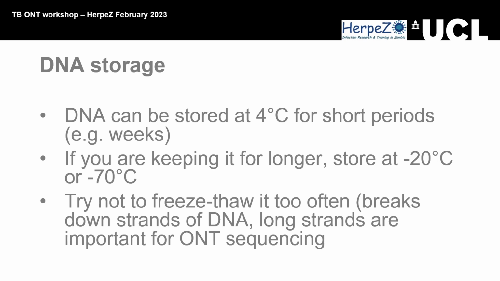And so I've been eluting into as little as say 20 microliters, and obviously that's a really tiny amount, whereas usually you would elute into a bit more. So for sequencing, to get the right amount of DNA and a good quality DNA, you kind of have to tweak what you might be doing already to get what you need, because it's different to what you might need for say PCR or those kind of things.